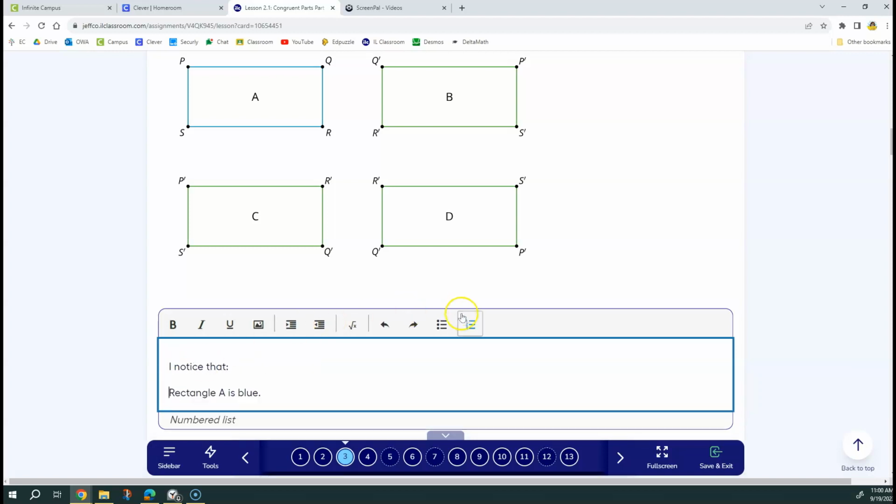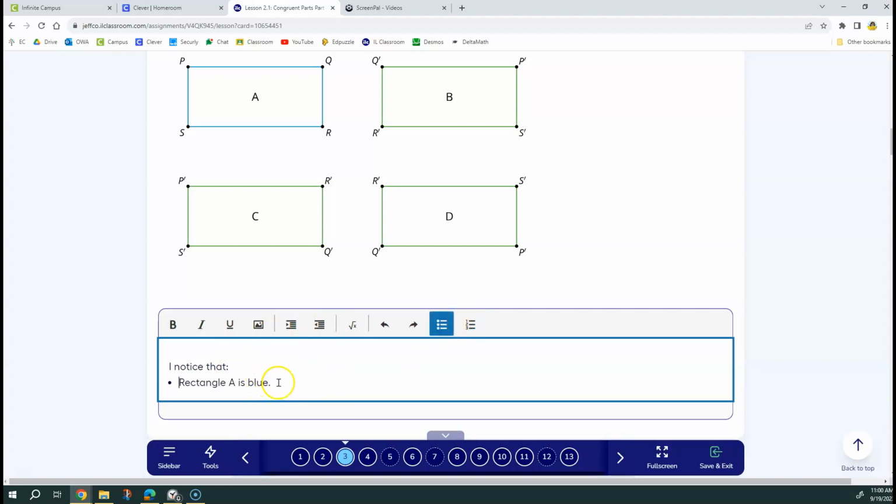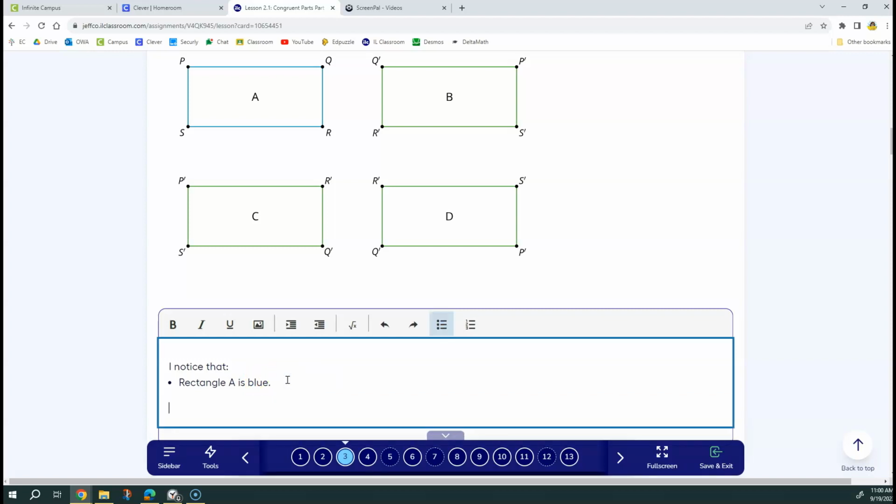And that makes me wonder, why is rectangle A blue? Is there a purpose? Maybe you had something else that you noticed and something else that you wondered.